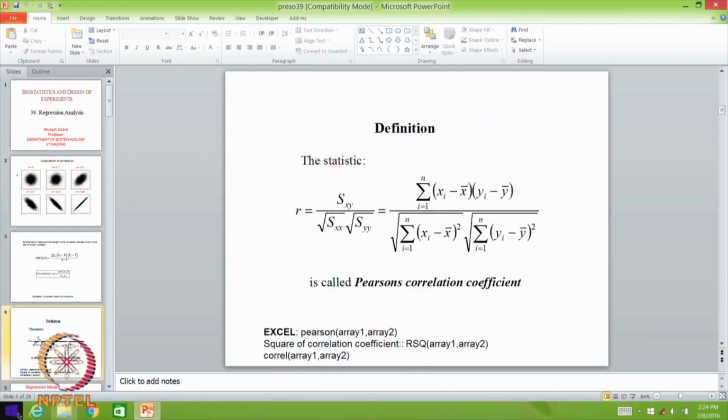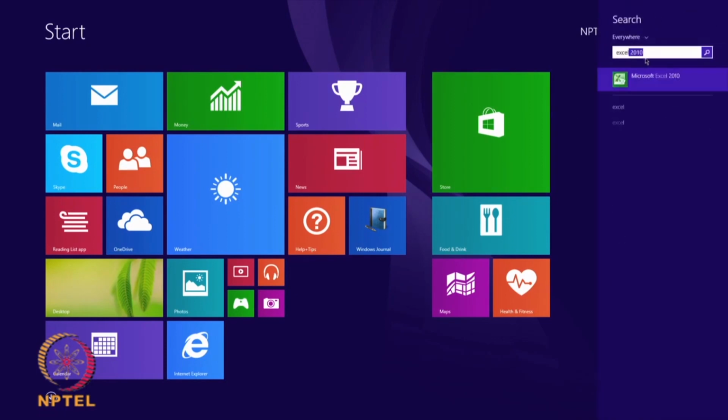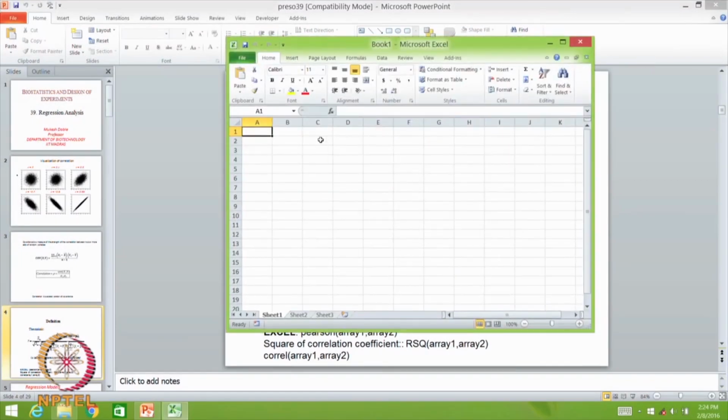For example, if you look at Excel, I put in some numbers, say 1, 2, 3, 4, 5, and I get some y values, just randomly putting them in. So, we can ask what is the correlation coefficient between these.